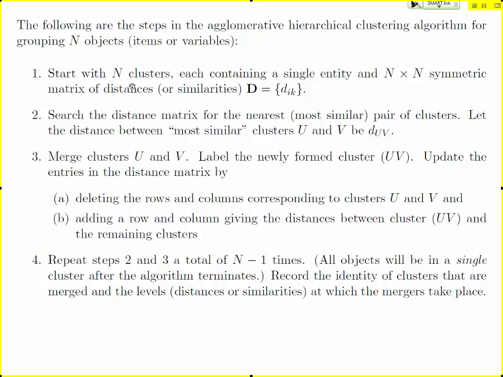So every individual is first considered as its own, quote, cluster. Let's suppose we are clustering the individuals, the rows of our data set. So I'm going to say individuals. Slides say items. We mean the same thing. Every individual is its own cluster to start.